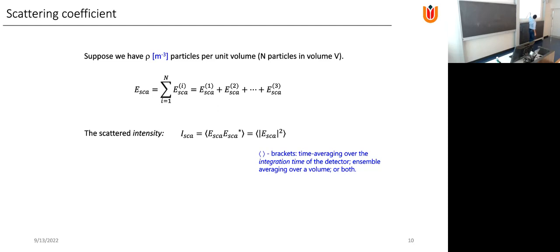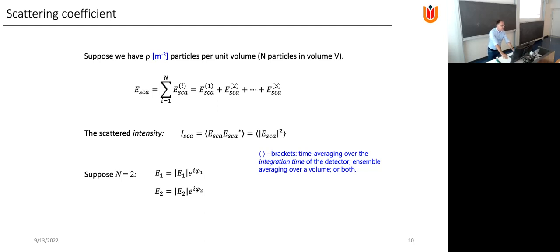Because the electric field itself oscillates really fast, normally our detectors cannot keep up with that. So what you will measure with the detector is some kind of time average over a few of these oscillations, and the brackets can indicate that. The brackets can sometimes also indicate that you do an average measurement over a larger volume. Other than that, they just indicate that there is some averaging going on.